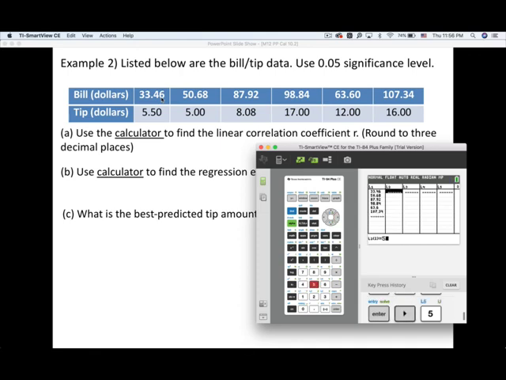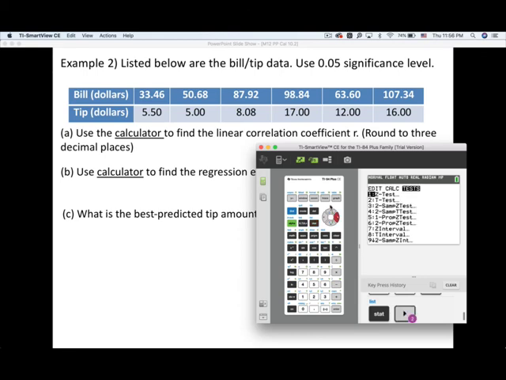L2, they'll be plugging your Y here. Then click on the stat, go to the test, go up, find the linear regression t-test.